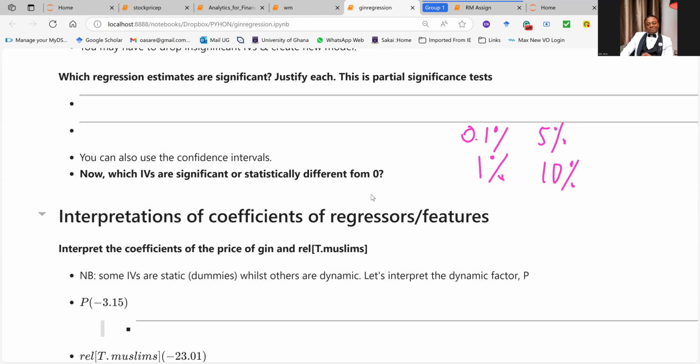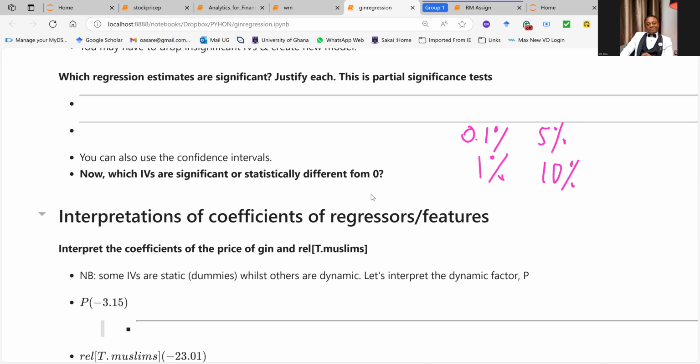So on average, given the price and complement price of gin, the income of the people, the location of the shop, and the occupation of the people.